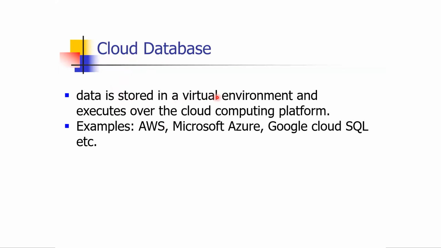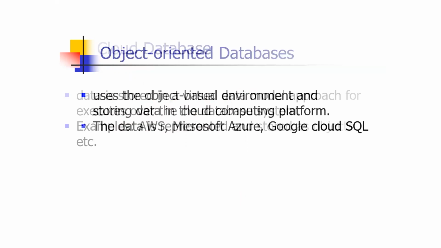Data is stored in virtual environment and executes over the cloud computing platform only. AWS like Amazon Web Services, Microsoft Azure, Google Cloud, these are all examples. So here data is stored in virtual environment and executes over the cloud platform.